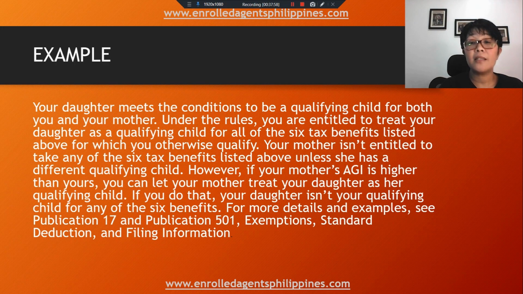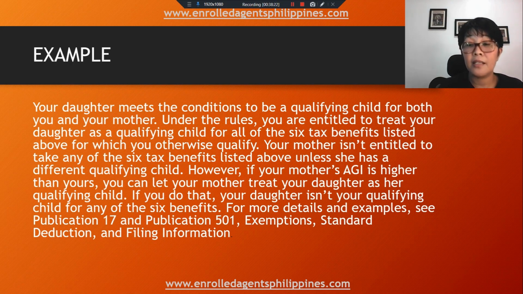Your mother isn't entitled to any of the other tax benefits listed unless she has a different qualifying child. However, if your mother's AGI is higher than yours, you can let your mother treat your daughter as her qualifying child. If you do that, your daughter isn't your qualifying child for any of the 6 benefits.